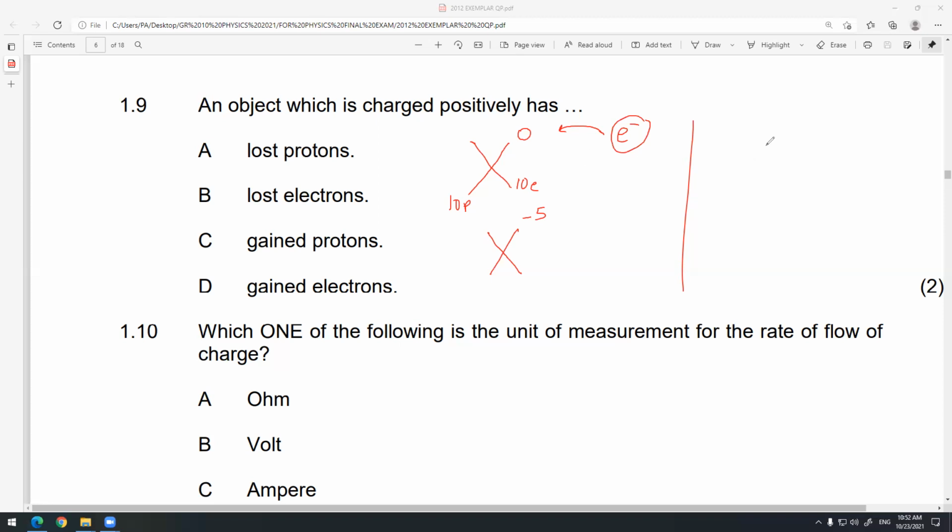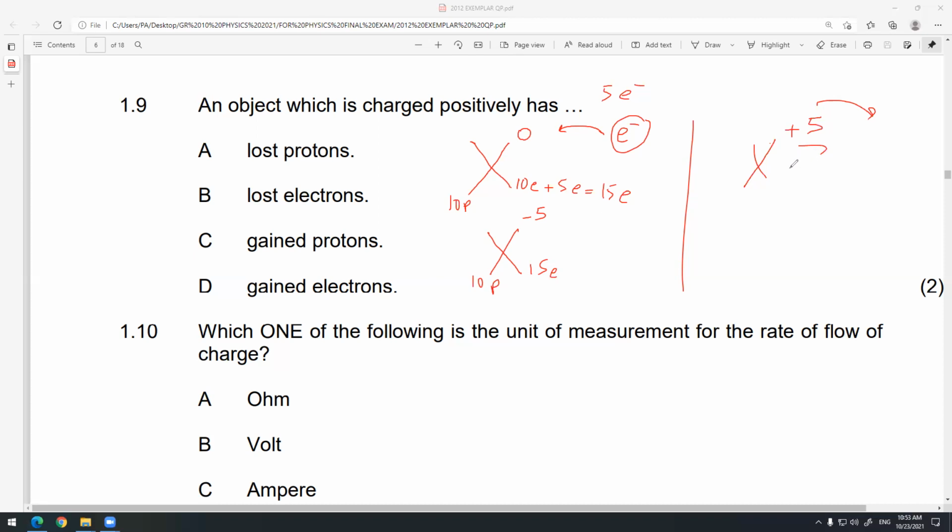So if it loses electrons, people, it gets positively charged. Electrons are negative. So now 5 electrons come. When 5 electrons come, your total electrons change to 15. So you have 15 electrons and 10 protons, and your charge is -5.